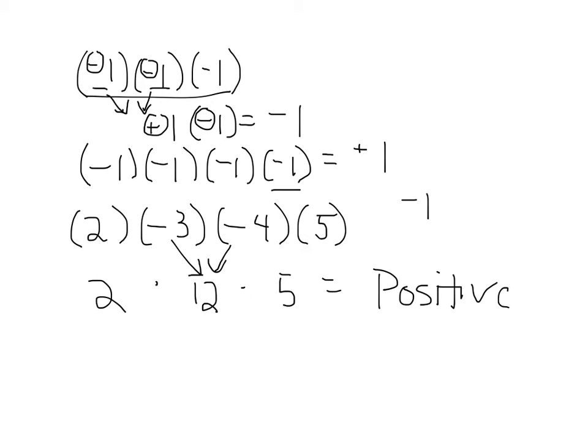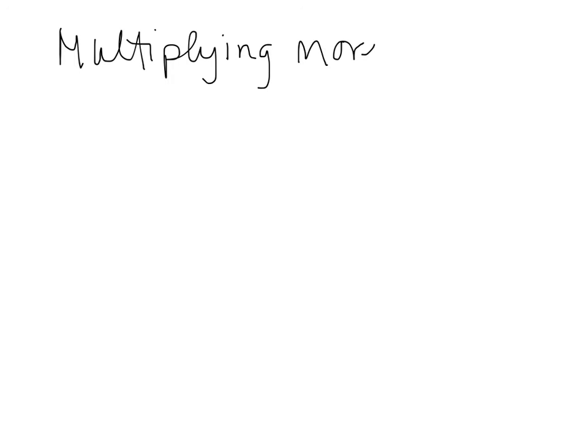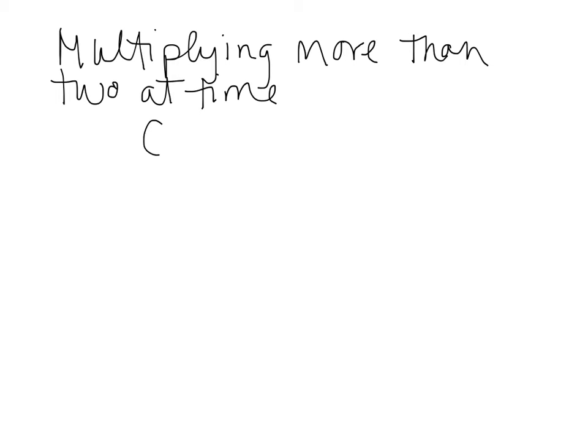In the end, the point about multiplying more than two numbers at a time is that you need to count the negative signs.